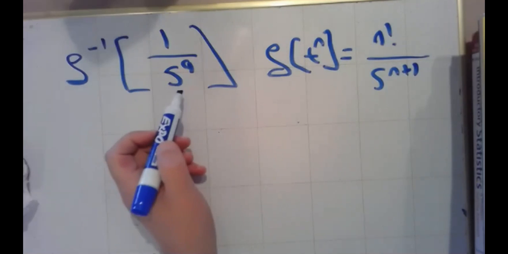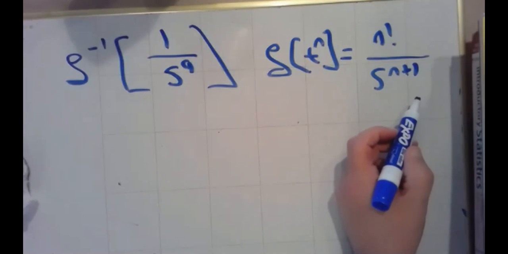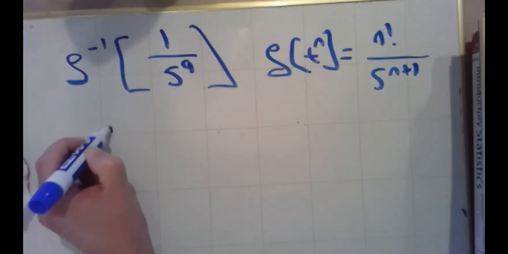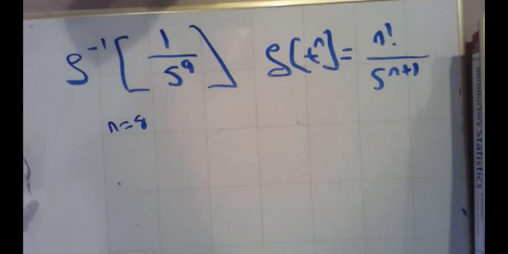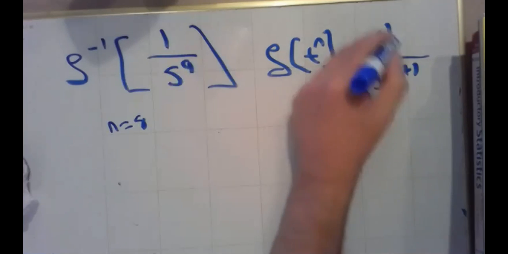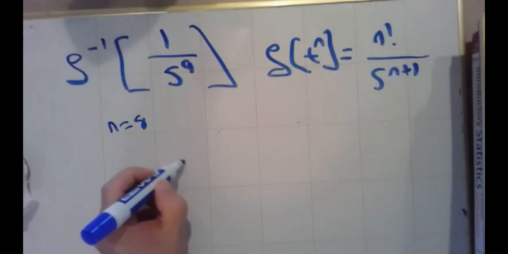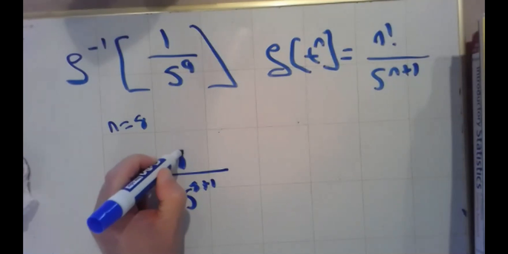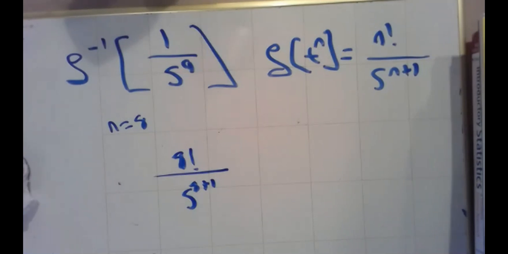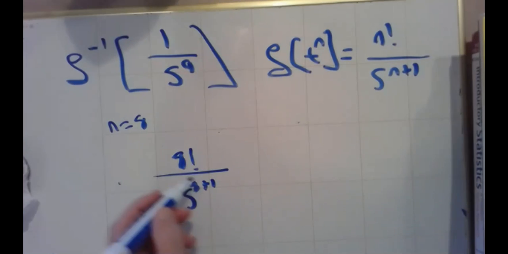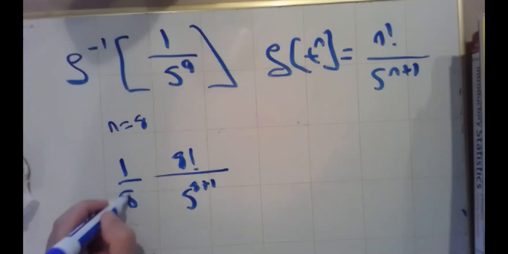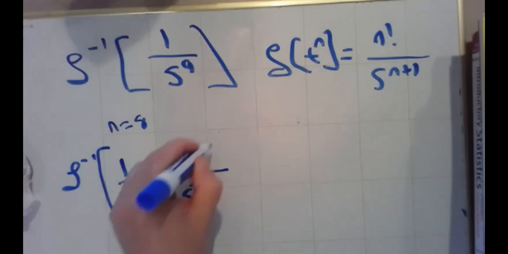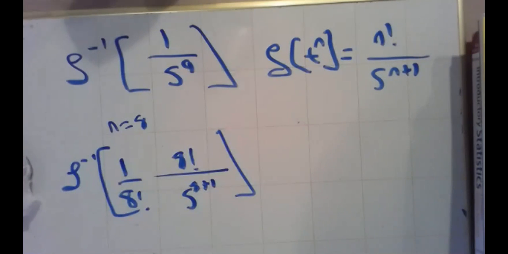I'm going to make this look like this. So I'm going to think, oh, well, that's n plus 1, so n here must be 8. So in order to fit this pattern, I want to write this 8 plus 1. I need an 8 factorial here that I don't have. Well, the way to get it there is multiply and divide it. So I really want the inverse Laplace transform of this.